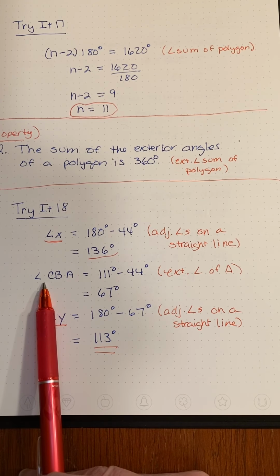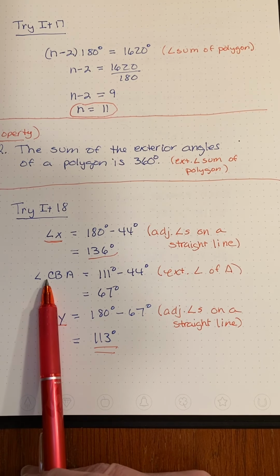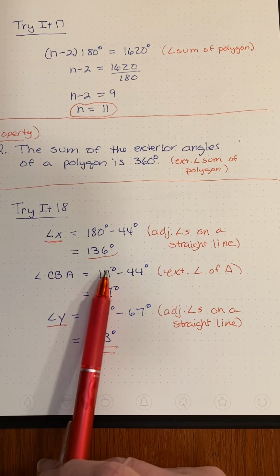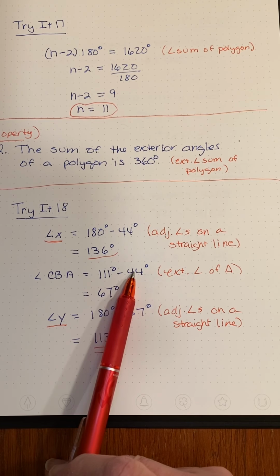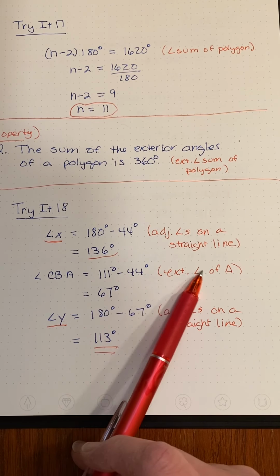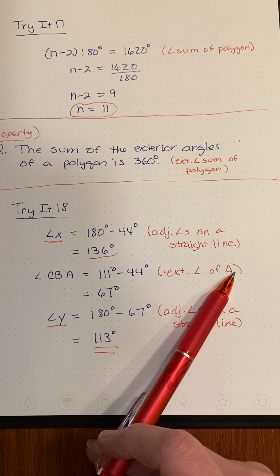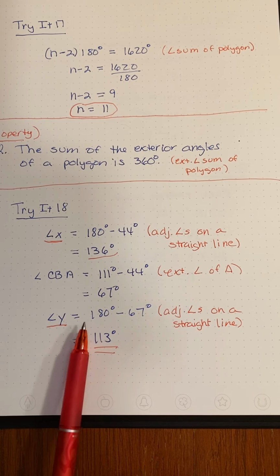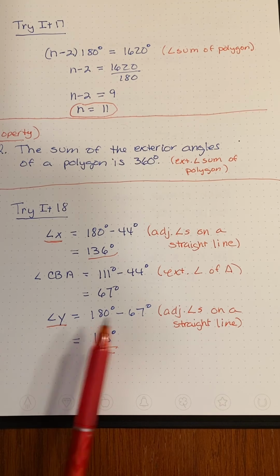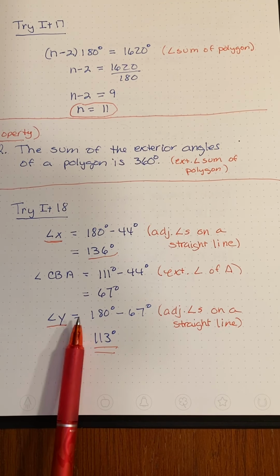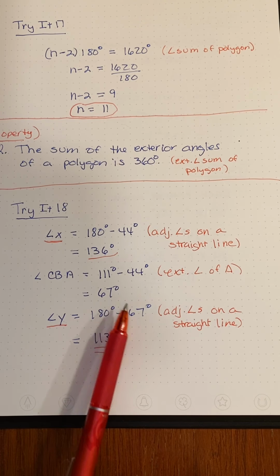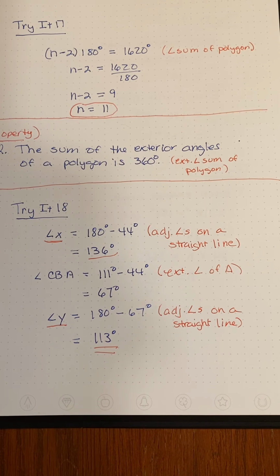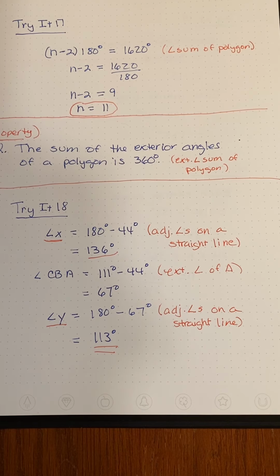At first I recall that angle CBA is equal to 111 minus 44 degrees because of the exterior angles of a triangle. So that's 67 degrees. Now I have some more adjacent angles on a straight line, so angle Y will be 180 minus that 67 degrees, which leaves me with 113 degrees.